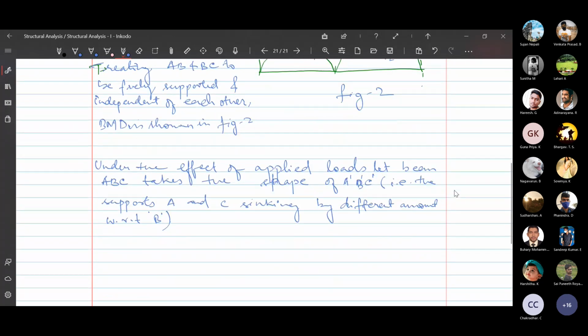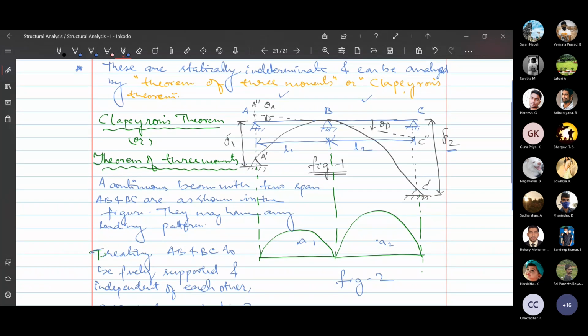So from here we can take another conclusion: draw A double dash B C double dash.